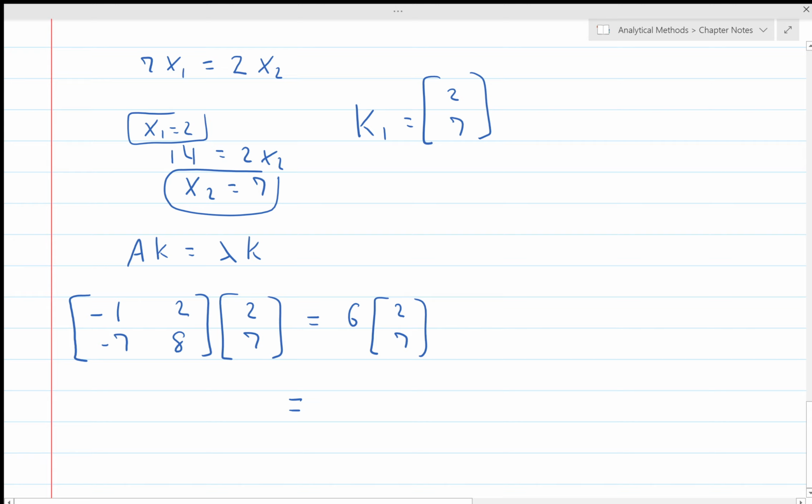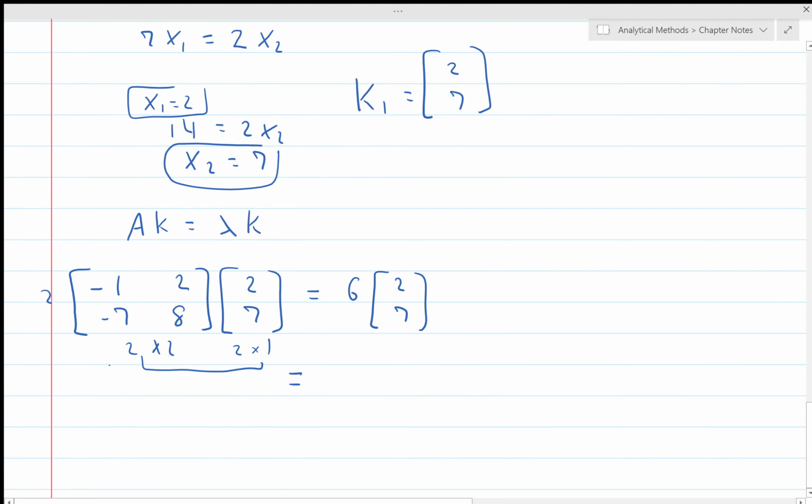So doing our matrix multiplication, this is a 2 by 2, this is a 2 by 1, so I'm going to be left with a 2 by 1. Okay, so here's my 2 by 1, jump down a little bit.